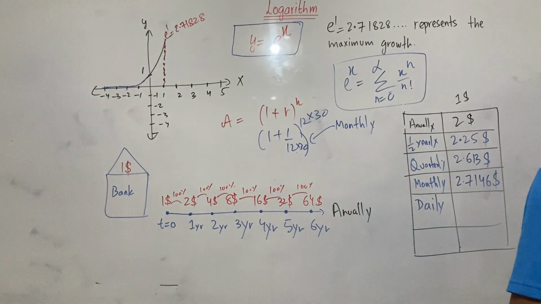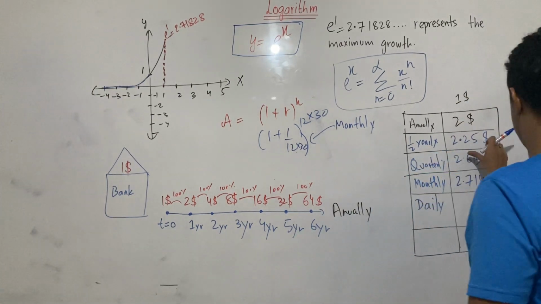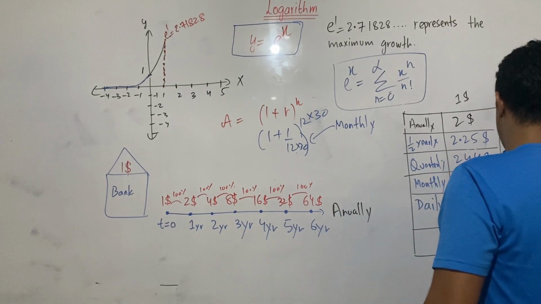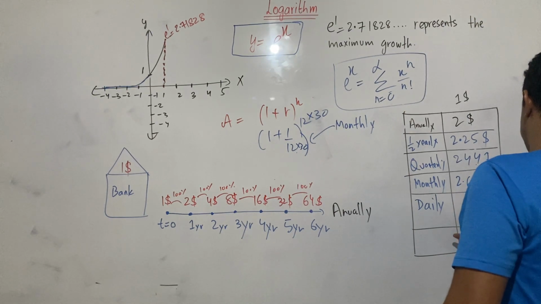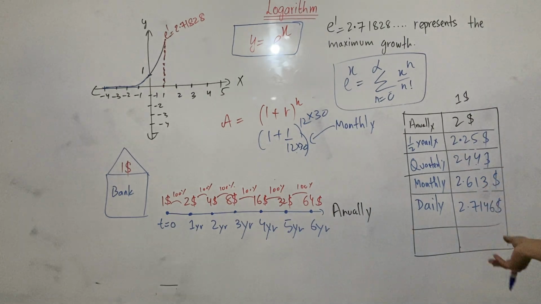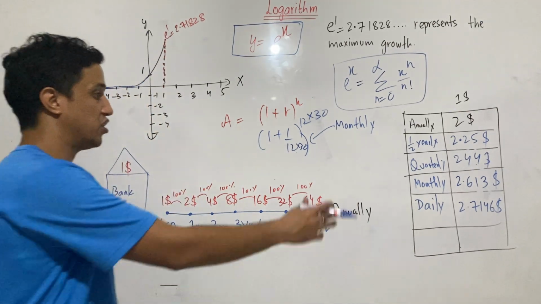If you do all these calculations, your quarterly would be 2.44, and then your monthly would be 2.613, and then your daily would be $2.7146.